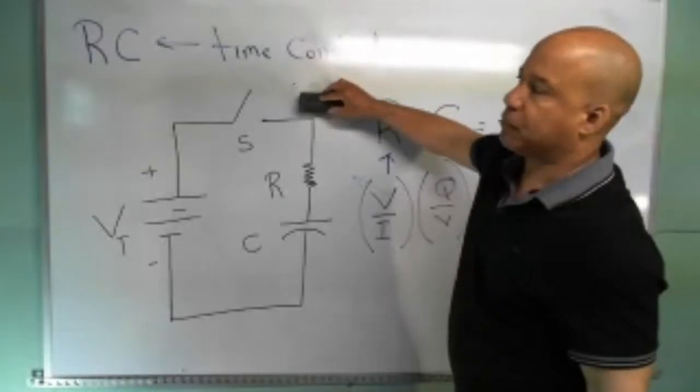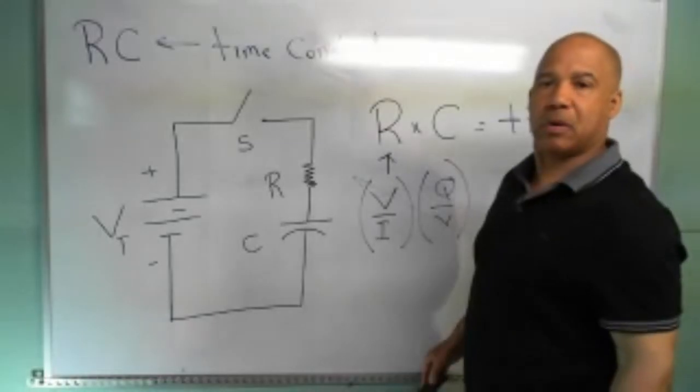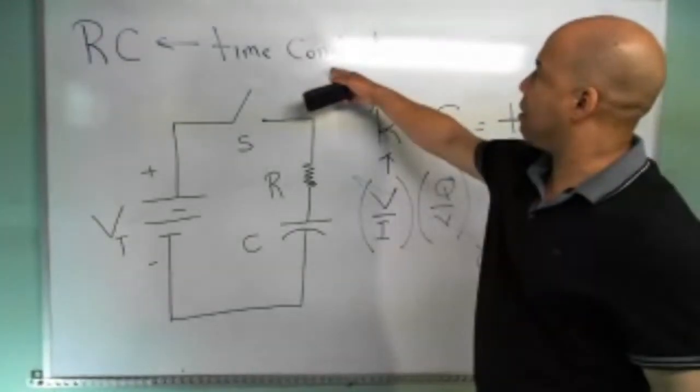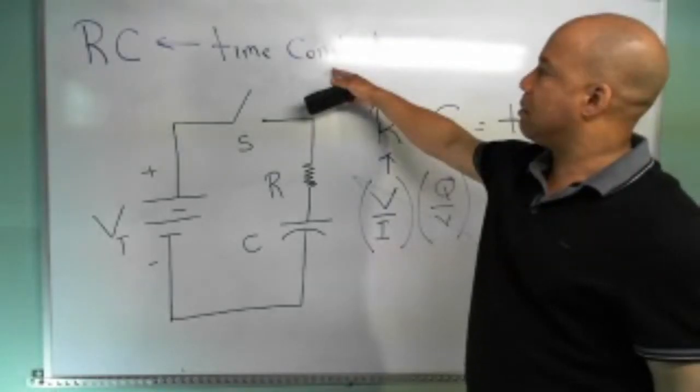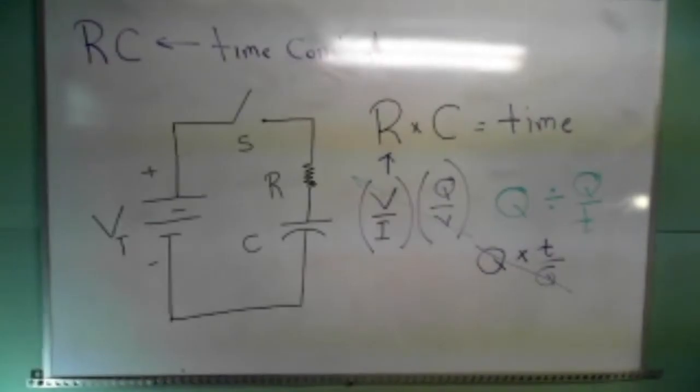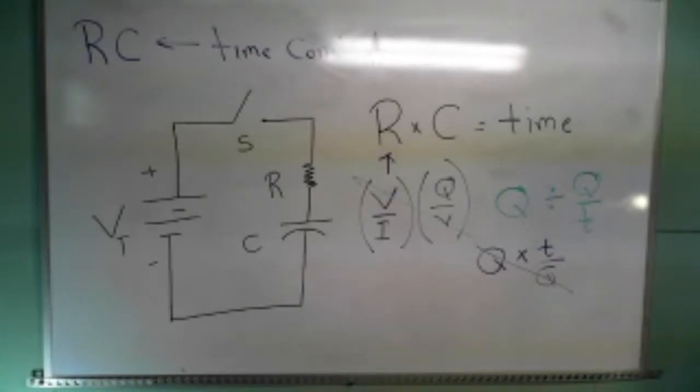Sir, excuse me. Yes? I don't see the whiteboard. You can't see the whiteboard? The light. He's talking about the section where it says time constant. You can't see that? Right here? Yeah, we can't really see it. We can see the time, but we can't see the constant. Is the camera too low? No, it's the light. Hold on a second.